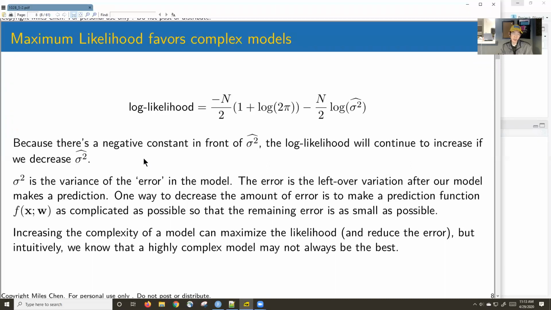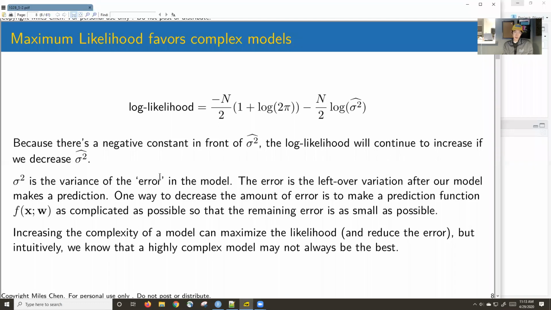If we think about what that means, sigma squared is the variance of the error in the model. You can think of the data as the model's prediction plus error, and sigma squared is the variance of that error term. So it's the leftover variation after the model makes a prediction.